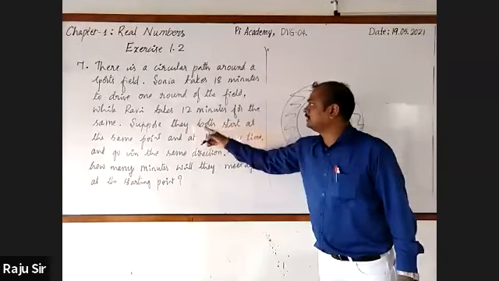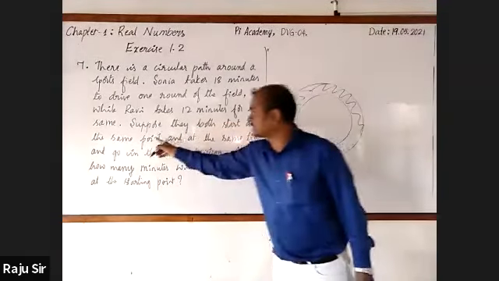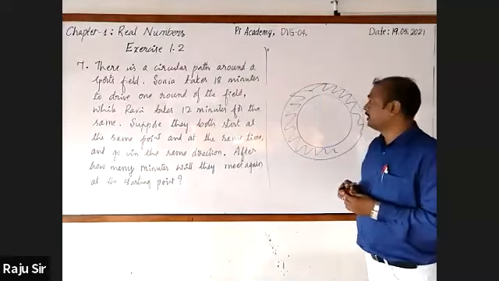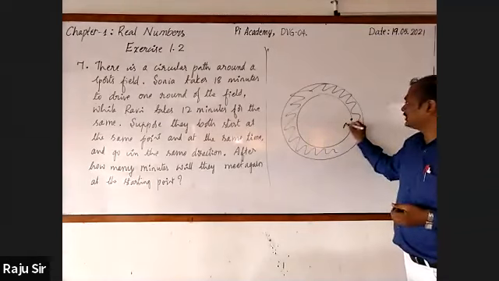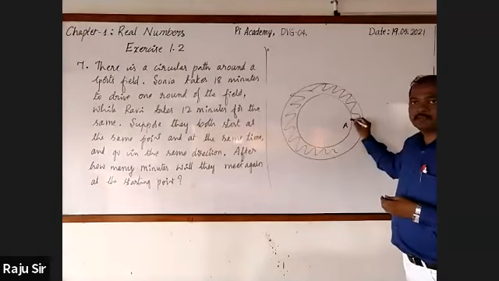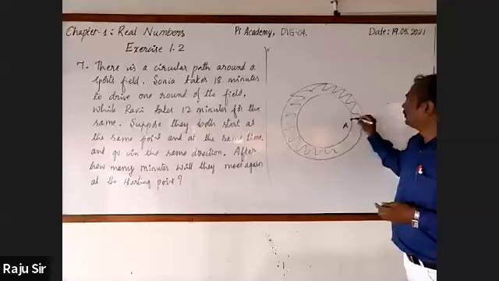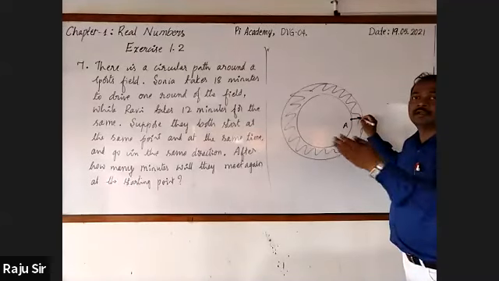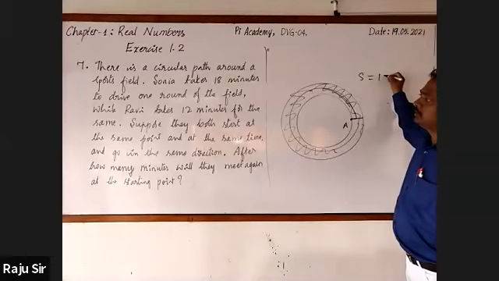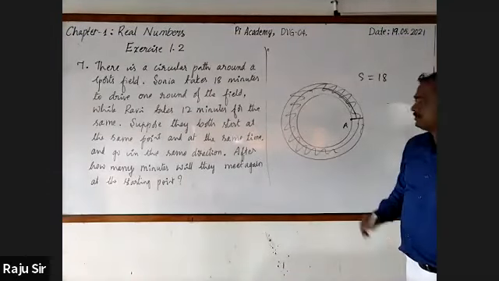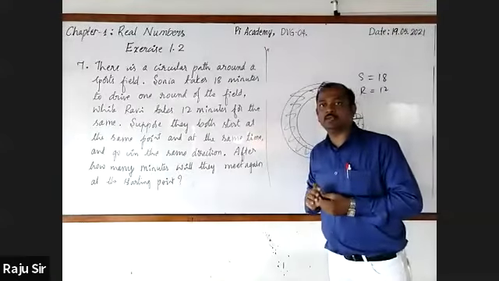Assume that both start moving from this point, A. To complete one round, Sonia takes 18 minutes, whereas Ravi takes just 12 minutes only.